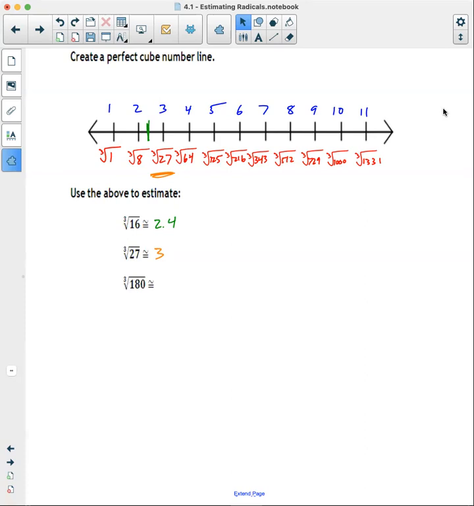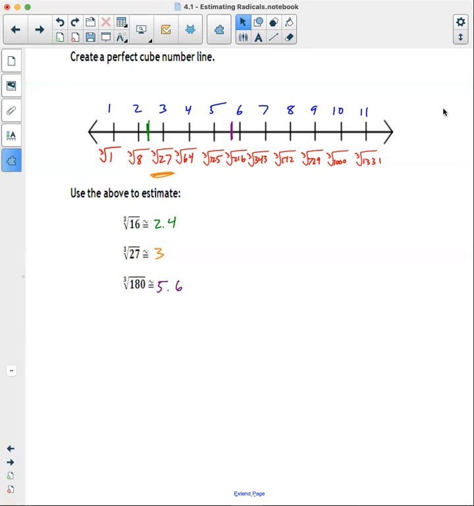And 180 is 36 away from 216. And it is 55 away from 125. So I'm going to say that's a little bit on the closer side to 6. Okay, so I'm going to say that's about 5.6.